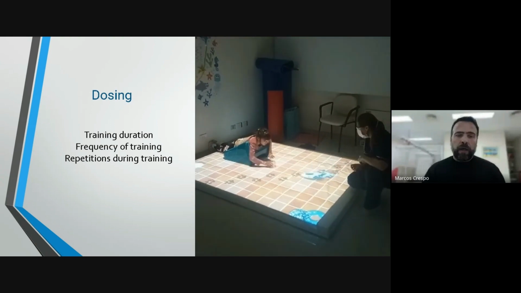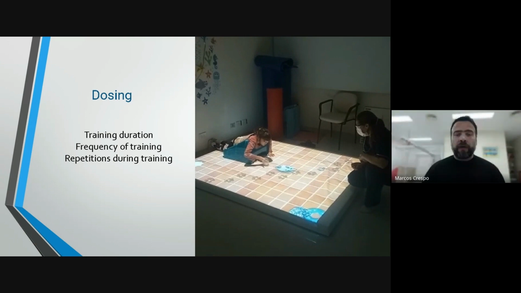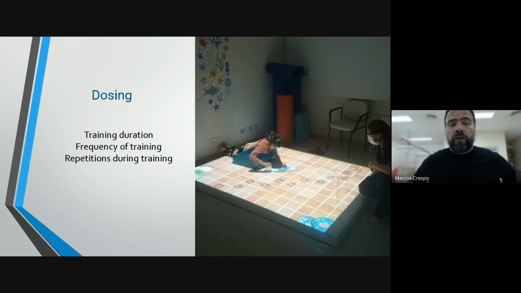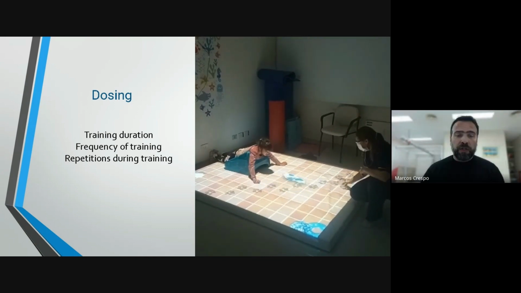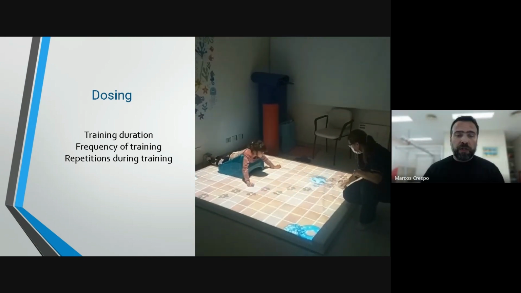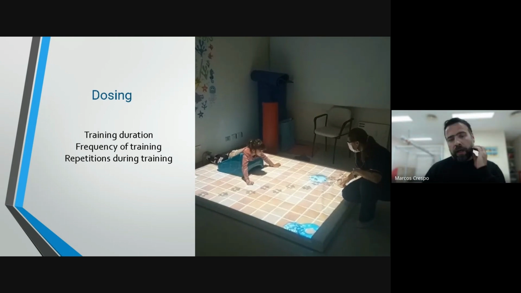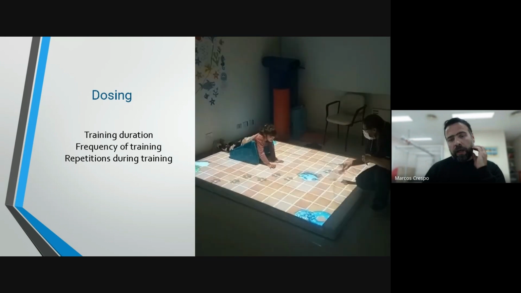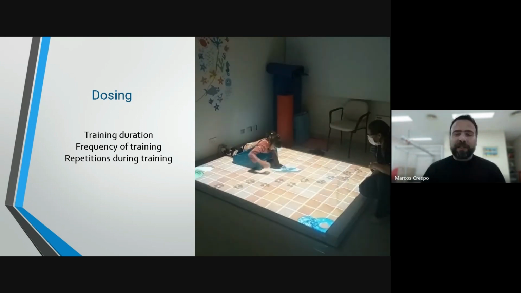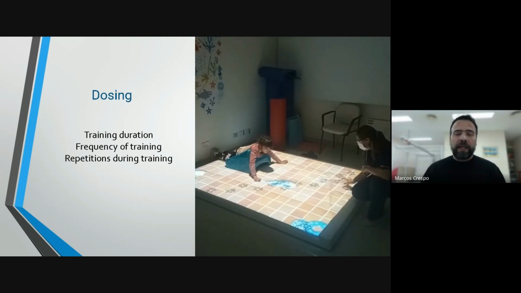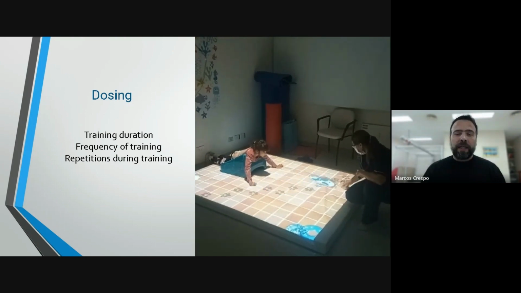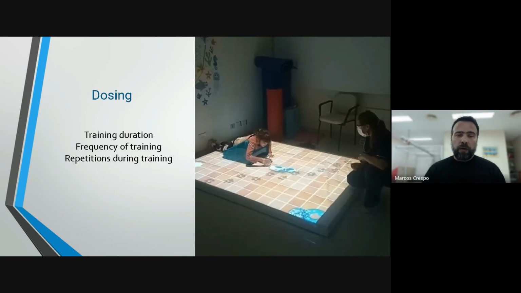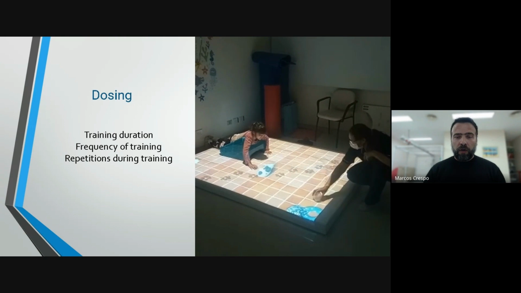He is working on the strengthening of his core after selective dorsal rhizotomy surgery. It's a very hard work, and with this kind of environment, using also the creativity of the physical therapists, of course, we can get more repetitions, more attention, more duration or longer therapies, and this is our goal with this kind of tools.